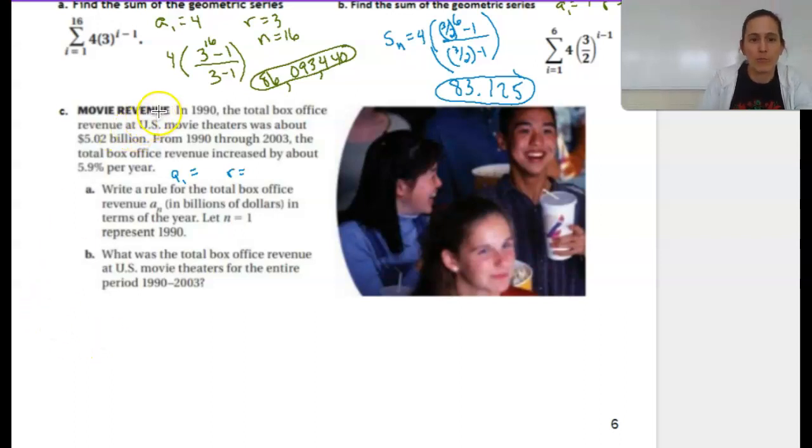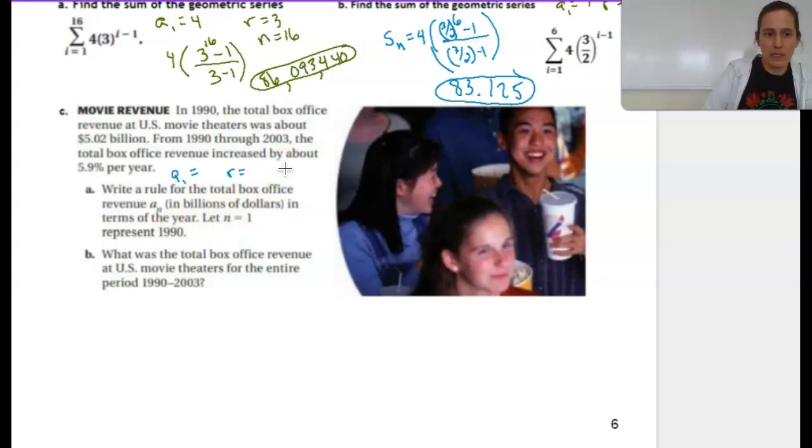We're looking at movie revenue from 1990 to 2003, and they raised about $5.02 billion. The revenue increased by about 5.9% each year. First thing we're going to do is write a rule for the total box office revenue in billions of dollars, where the year 1990 is going to equal 1.